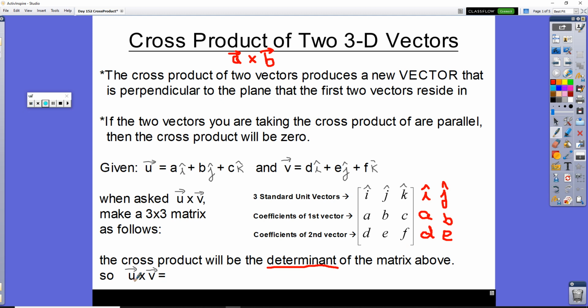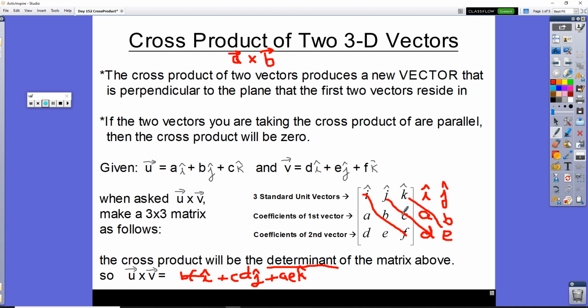So the cross product of vector u and v would be b times f in the i direction plus c times d in the j direction plus a times e in the k direction.